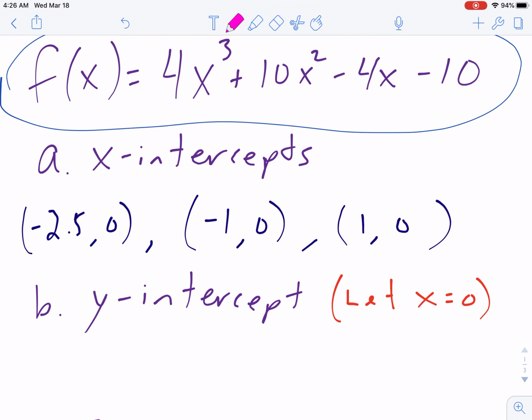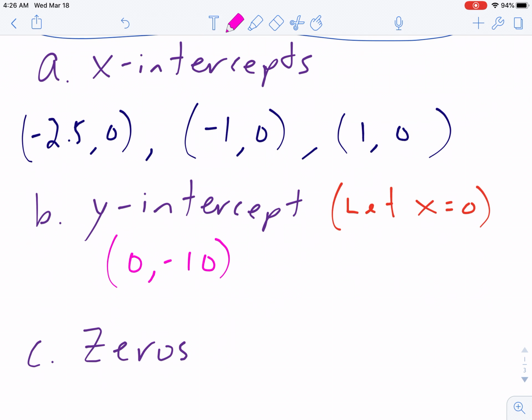If we go to the original function and we put a 0 in for x, this goes away, this goes away, and this goes away. We're left with just a negative 10. So our y-intercept is going to be negative 10. You just have to make sure you write it properly. So the y-intercept is 0, comma negative 10. And we're done with part B.